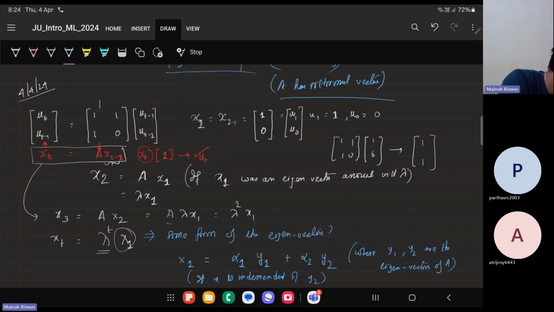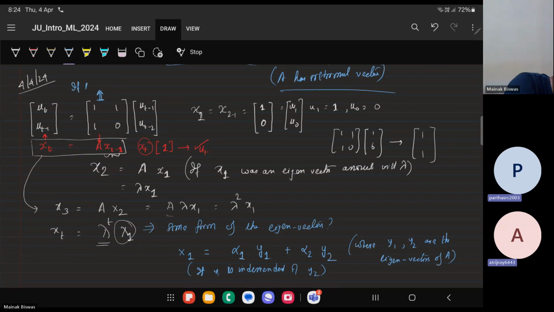So this is the vector. This is the matrix. How many eigenvectors should it have ideally if it was diagonalizable? It must have two eigenvectors, as it is 2 cross 2, and hopefully they are independent.